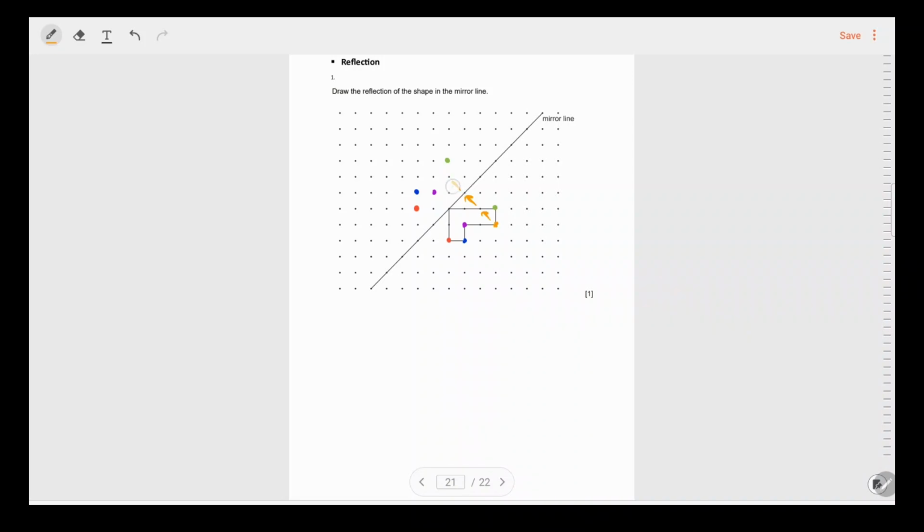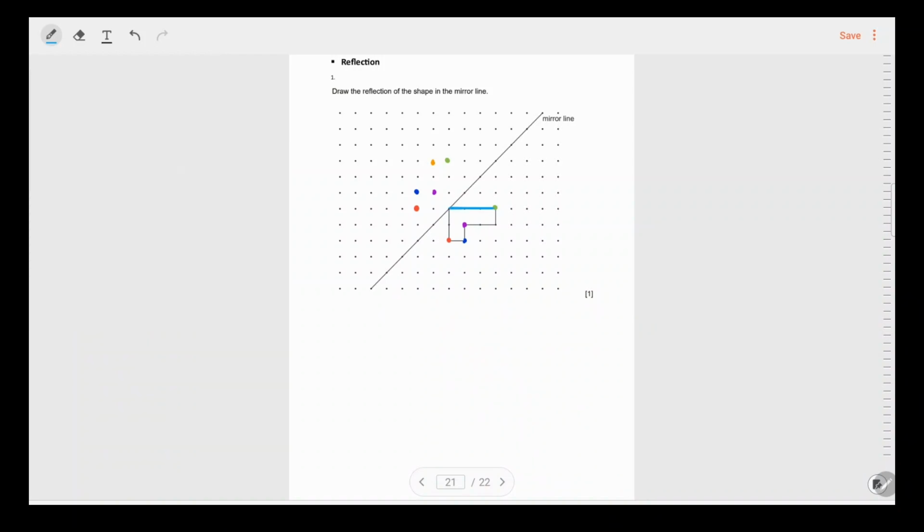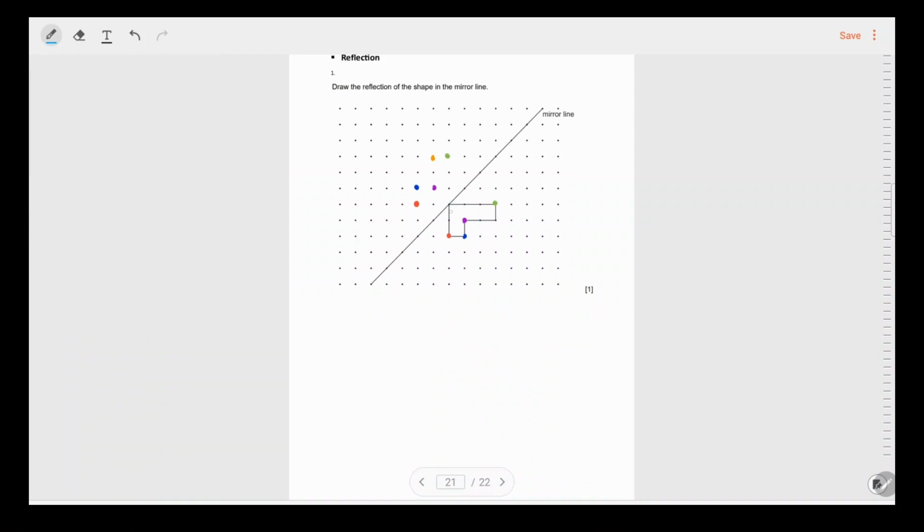So I move it 1, 2 squares away from the mirror line in the opposite direction. Great. So now that I have my points, I am going to join them up. Don't forget that we do have a point over here as well. This is not reflected because this is on the mirror line itself.